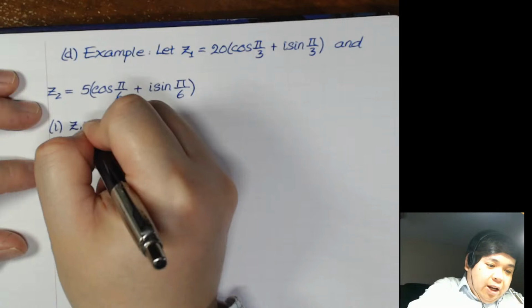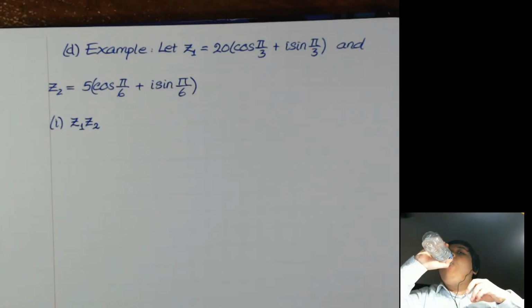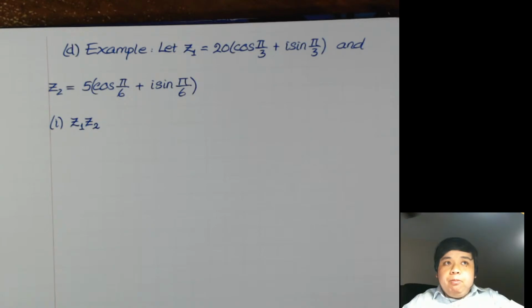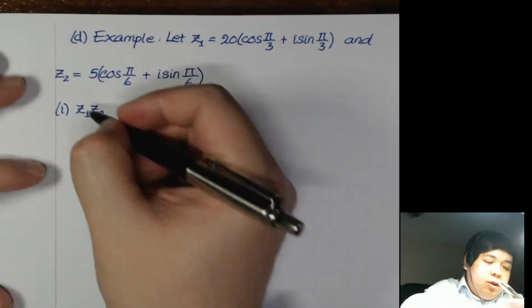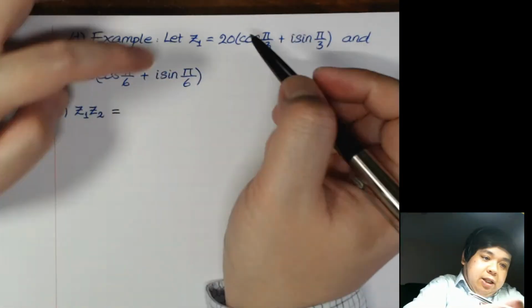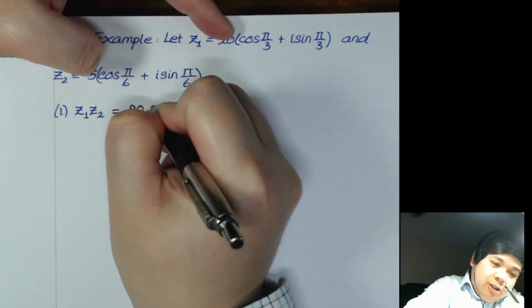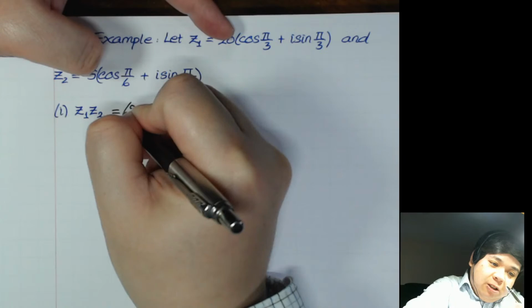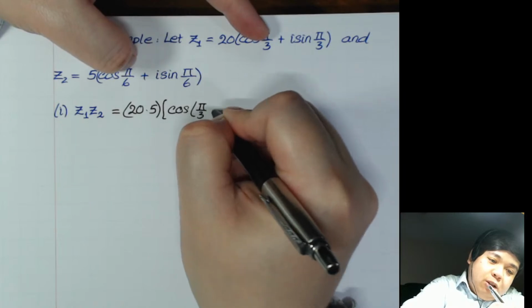And then we multiply them. Z1 times Z2 is multiply the modulo, 20 times 5, and then add the angle, pi over 3 plus pi over 6.